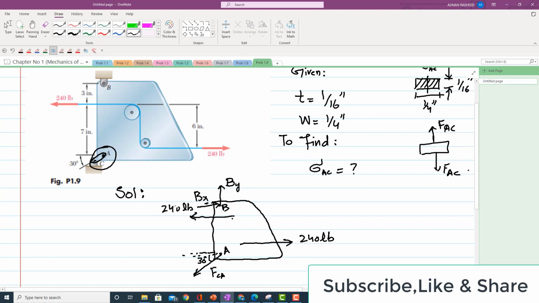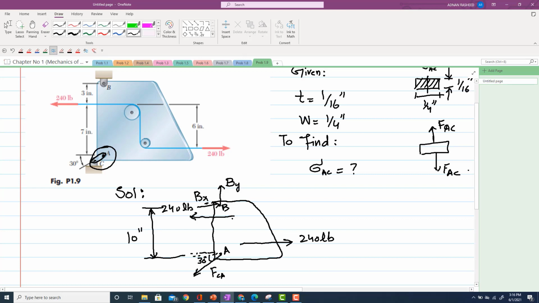The distance between point B and point A is given as 10 inch: 7 inch plus 3 inch, so the total distance is 10 inch. Also the distance between these two parallel forces is 6 inch.